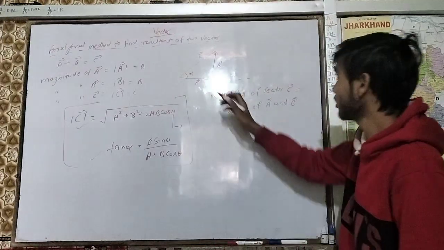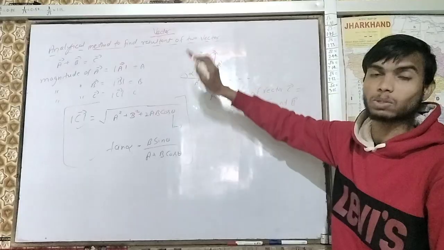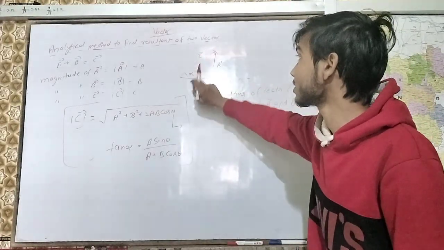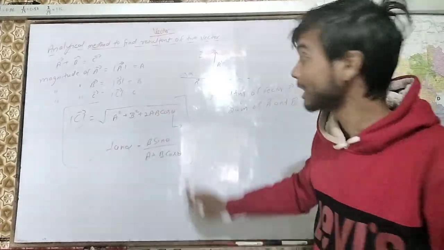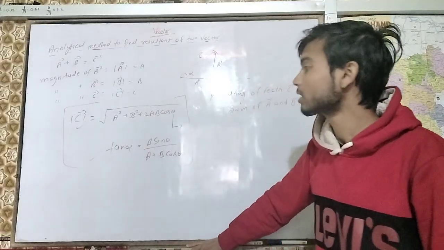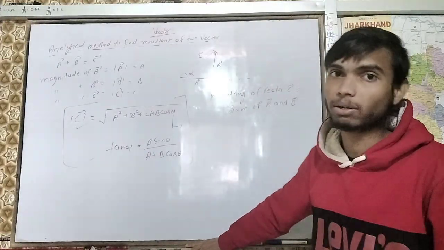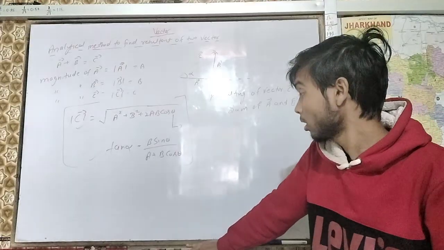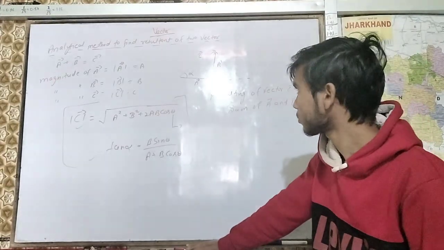For example, this is C. We are considering this vector C as the resulting vector. So if the question is asking what is the angle between this resulting vector and vector A, in that case we will have to use this formula. So this angle is nothing but between the resulting vector and a given vector.